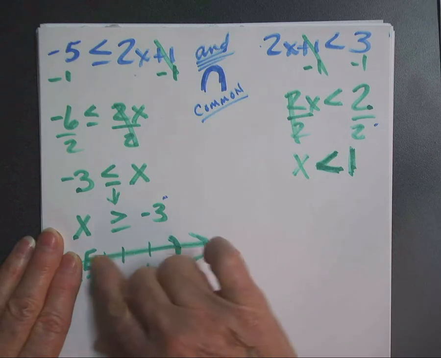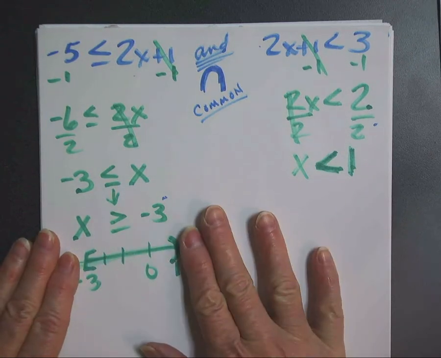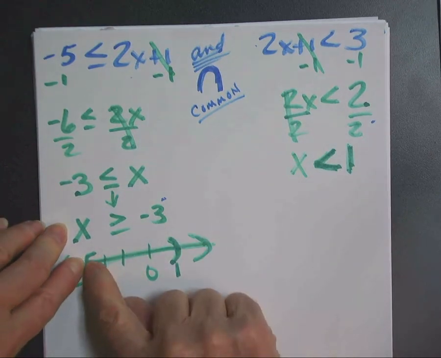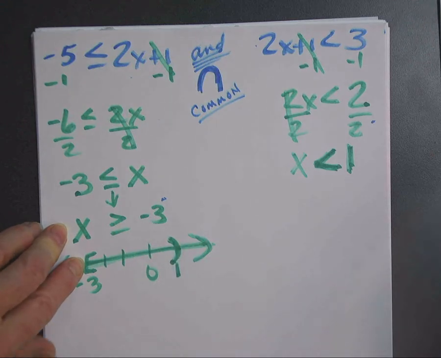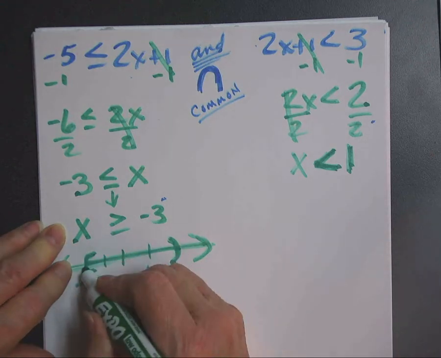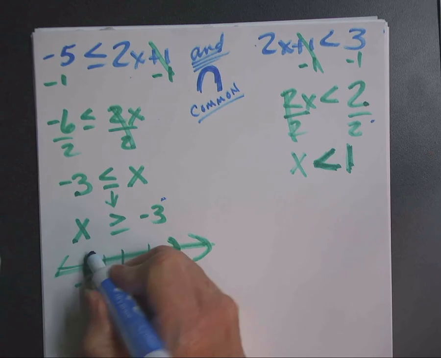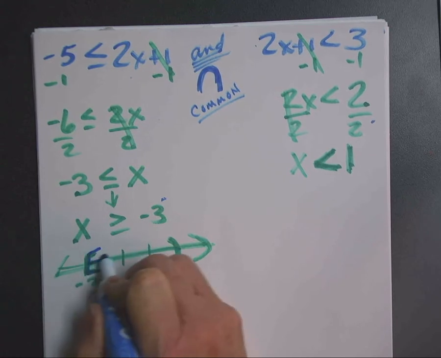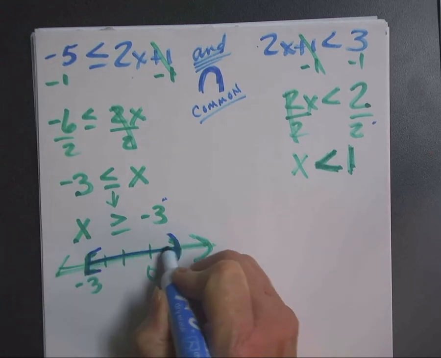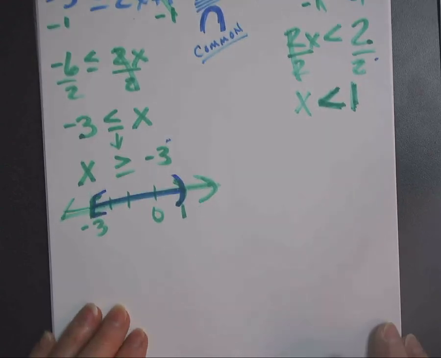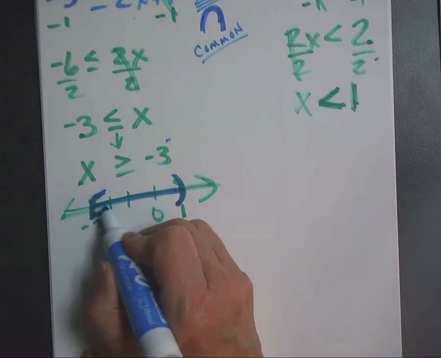But everything in between here is common. So this will be -3 to 1. This to there is what they have in common. So the graph of it is just this part right here.